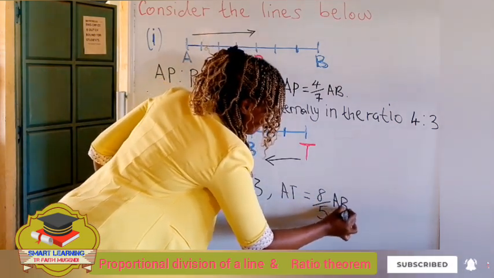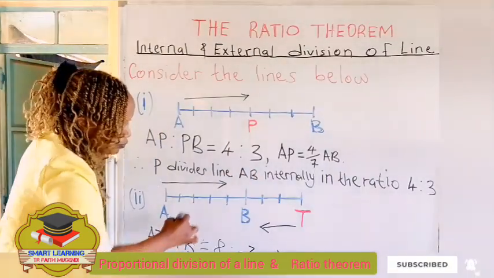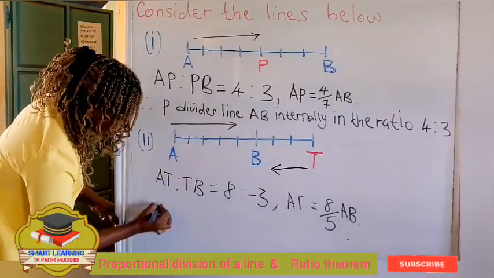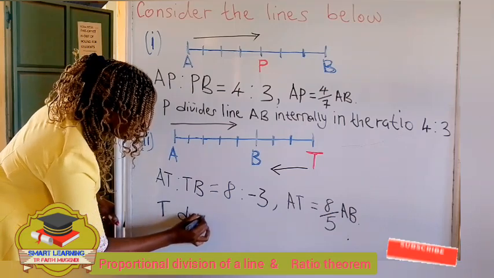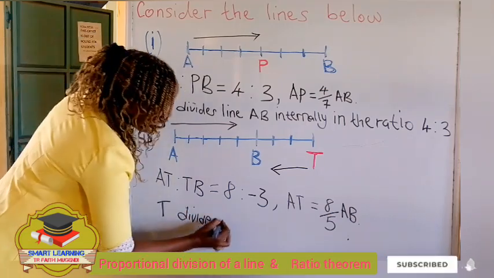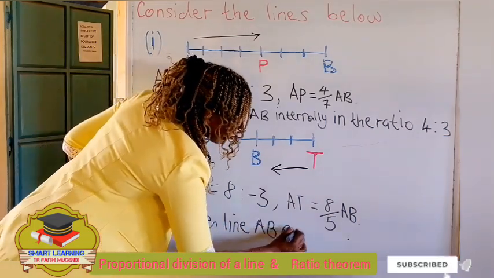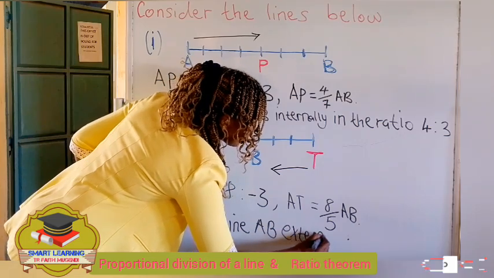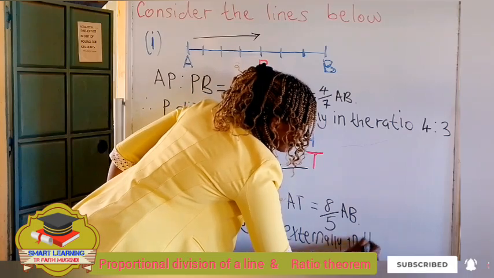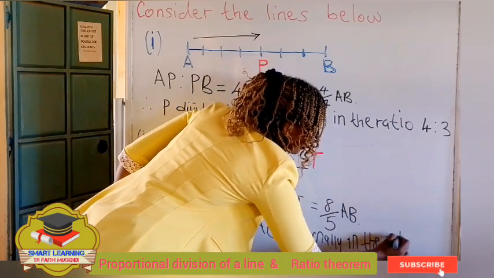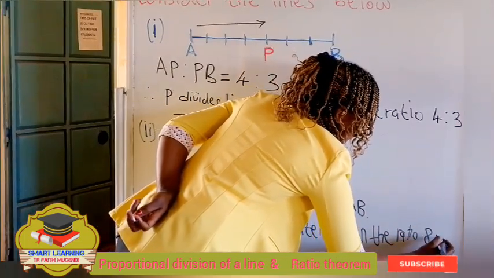Now, if we were to write a statement like the one we wrote before, we should write it like this: point T divides line AB externally in the ratio 8 is to 3.